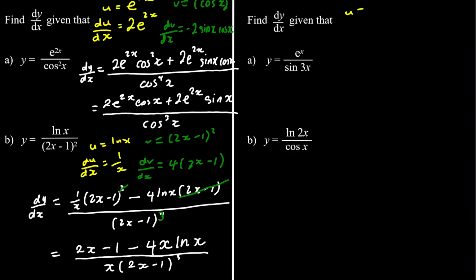So if u is e to the power of x, du dx is e to the power of x. When we differentiate e^x, it stays the same. V is sine 3x. When we differentiate sine, it goes to cos, but we times by our bracket differentiated. So dv dx is 3 cos 3x.